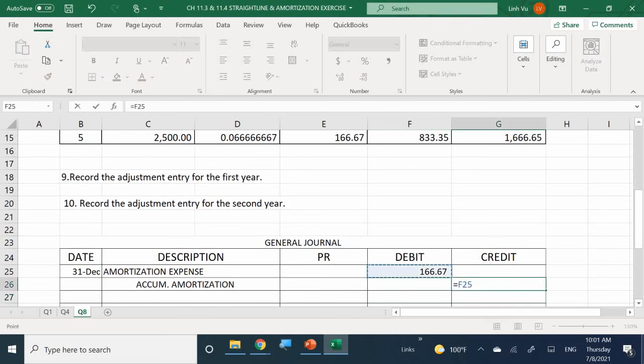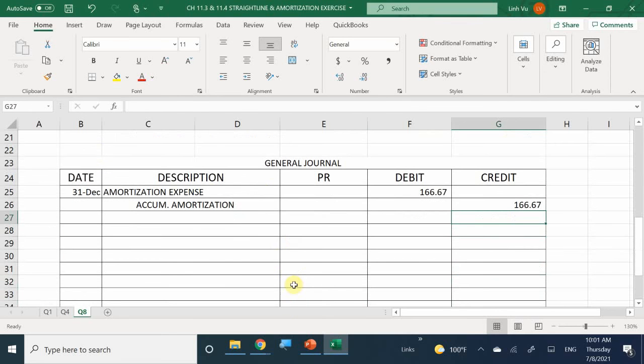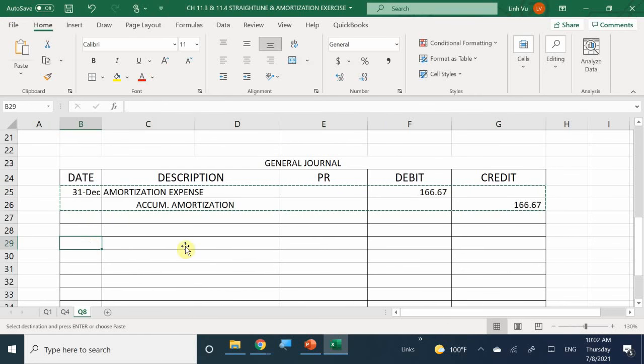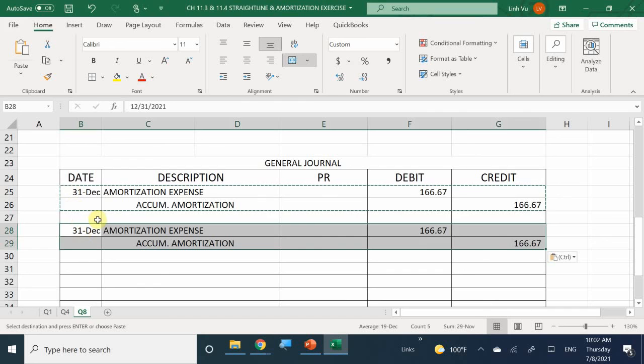Okay. So then, what should my journal look like for year 2? The same, but with 333.34. That's the amount. Not 333.34. That's right. Nathan explained that.